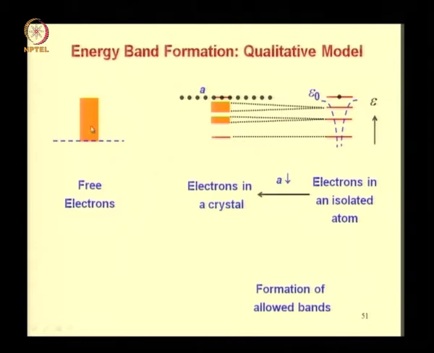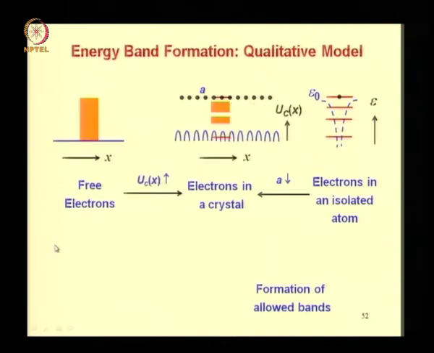Now we know that for free electrons a continuous band of energies is allowed, in contrast to electrons in a potential well which can only occupy discrete energy levels. Suppose we subject these free electrons to a periodic potential U(x).